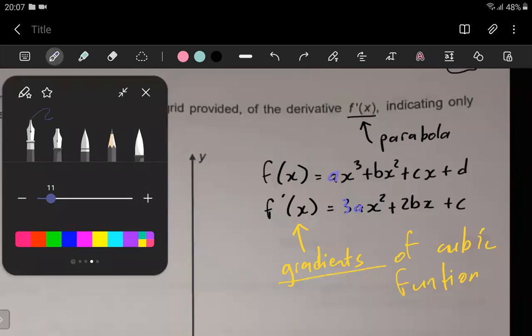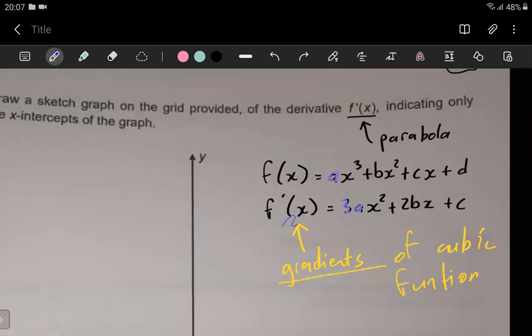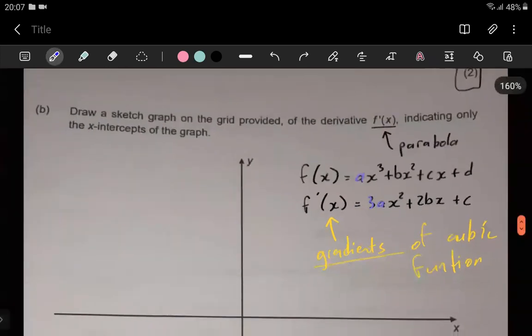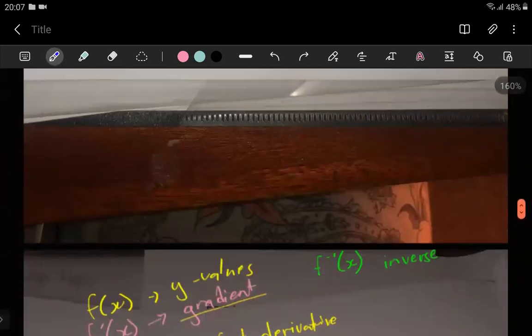Because if you're going to draw this graph on a Cartesian plane, what comes out here will be seen as a y value.